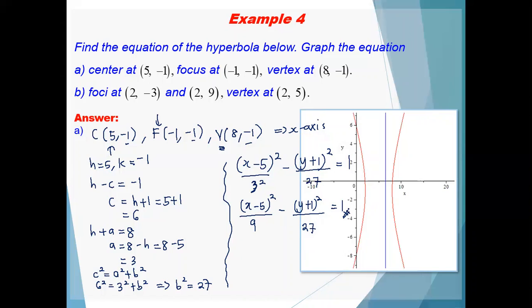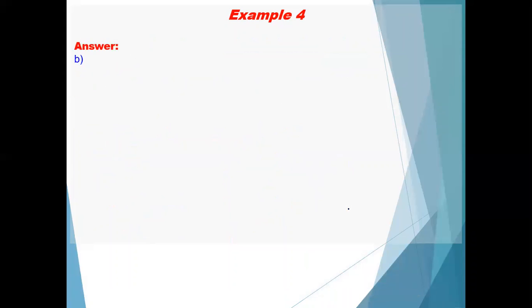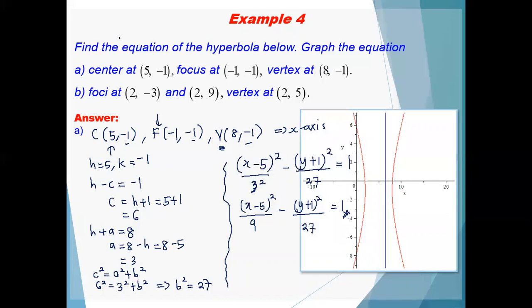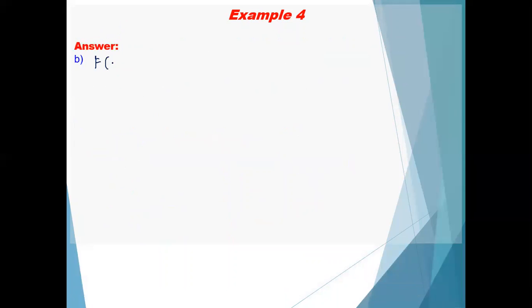Alright, so let's see part B. Given that the foci are at 2, -3 and 2, 9, and also given a vertex at 2, 5. So what do we do?